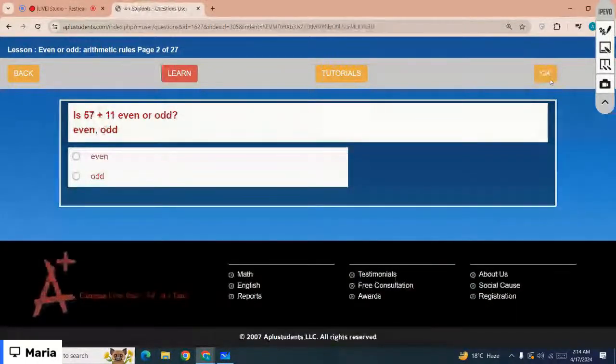Okay, is 57 plus 11 even or odd? You are adding two odd numbers. So which is the correct option?